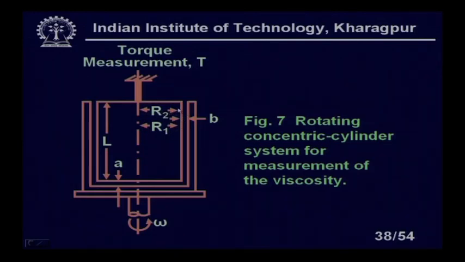That means R2 is equal to R1 plus B. B is the separation between the two cylinders, or I should say R2 minus R1 is equal to B. That means the inner radius of the outer cylinder minus the radius of the inner cylinder is equal to B.